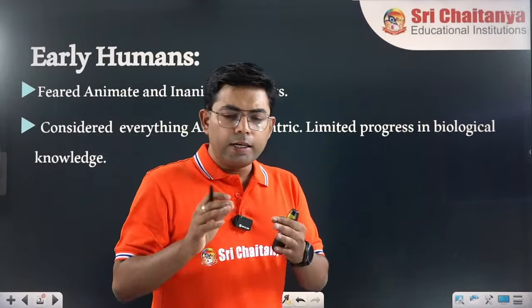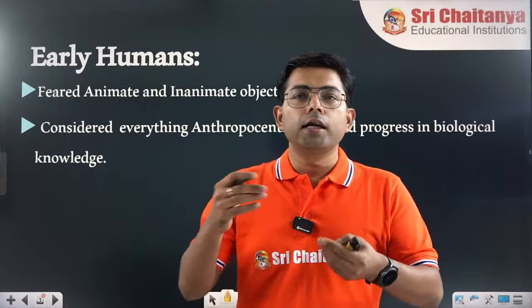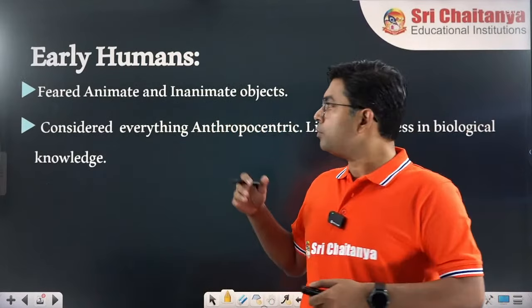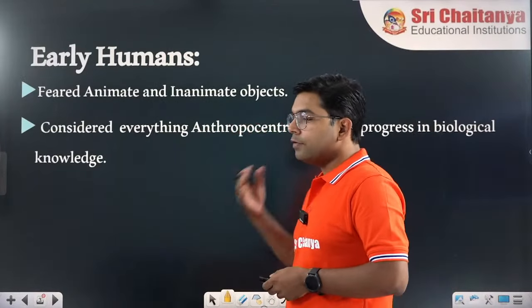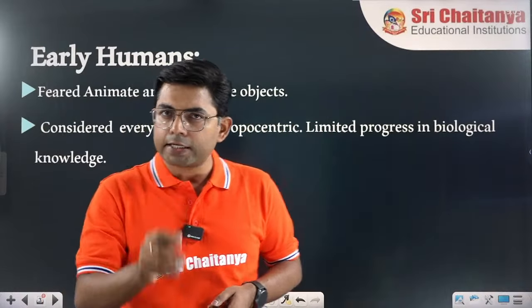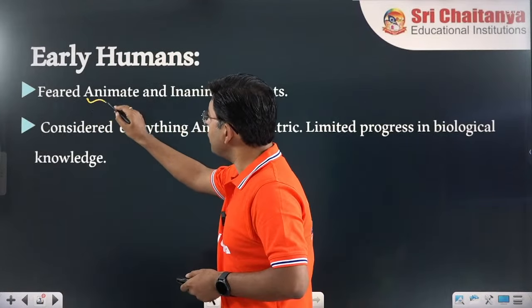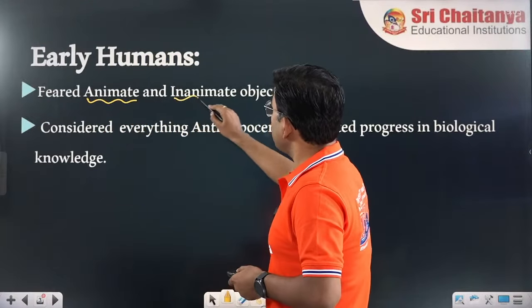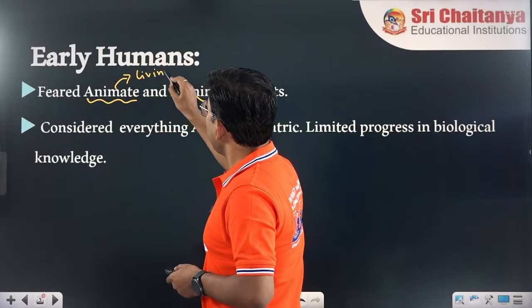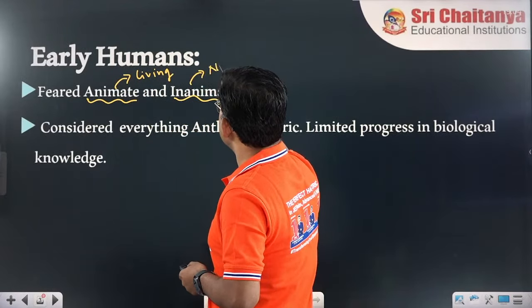So living organisms. What did early humans think about this? Early humans did not know much about living and non-living organisms. In NCERT, they have used two words, animate and inanimate. Animate means living and inanimate means non-living.